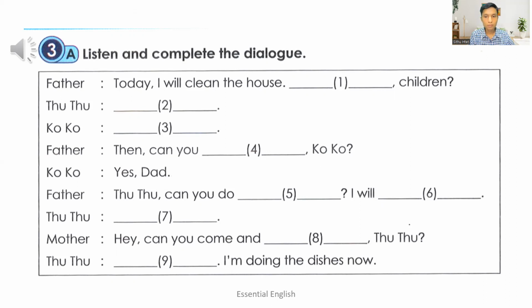Tutu, can you do the dishes? I will clean the bathroom. I will, Dad. Hey, can you come and water the plants, Tutu? I'm sorry, Mum. I'm doing the dishes now.